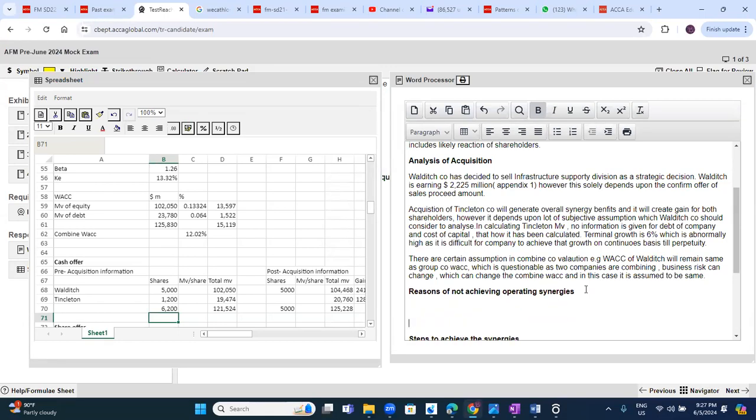Okay. Reasons of not achieving synergies. What are the common reasons for not achieving the synergies? Management conflict. There can be different reasons of not achieving synergies.